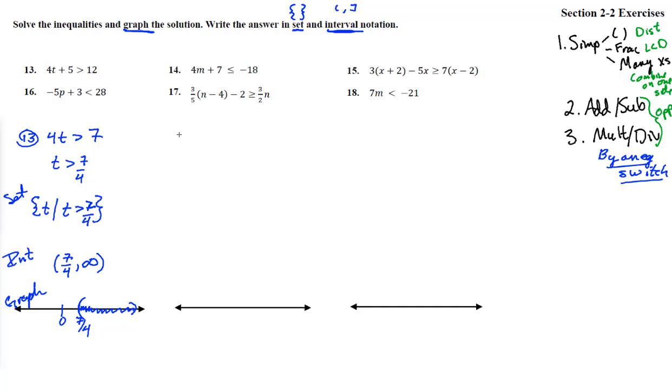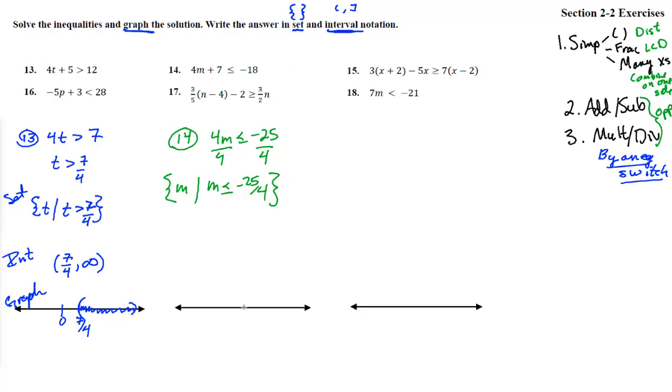All right, number 14. Subtract 7 from both sides, and that gives us 4m less than or equal to negative 25. Then divide by 4. We are not dividing by a negative, so we are safe here, saying m is less than or equal to negative 25/4. If we just put an m and a set thing there and a set thing there, we now have the set.